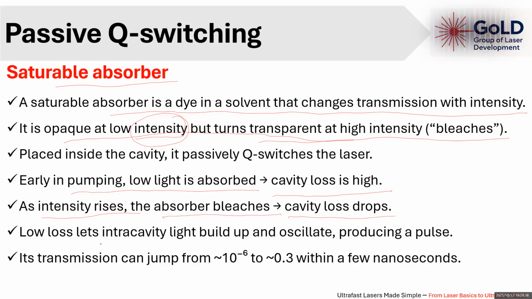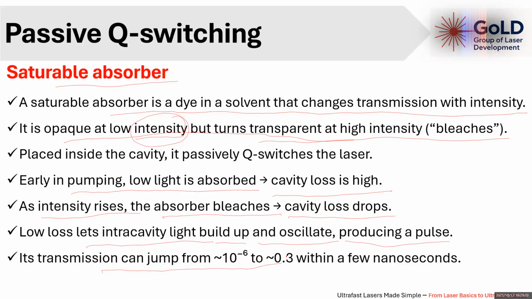So at low intensity, losses are high and the cavity builds up, and when the intensity increases, it starts oscillating and produces a pulse. The transmission of this one goes from 10 to the minus 6 to 0.3 within a few nanoseconds.